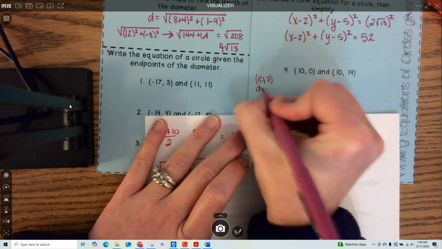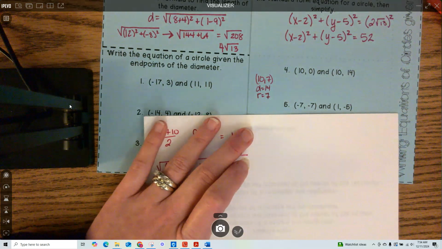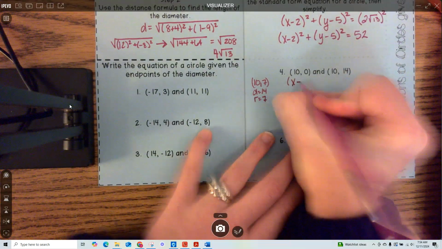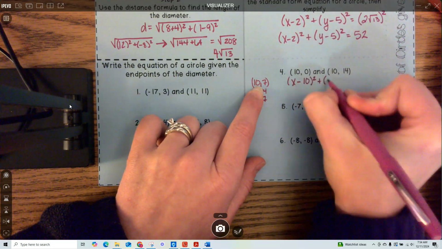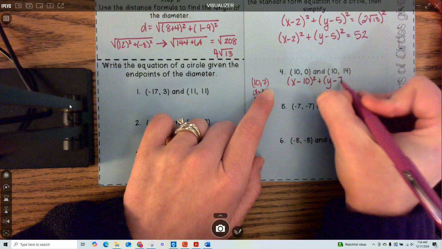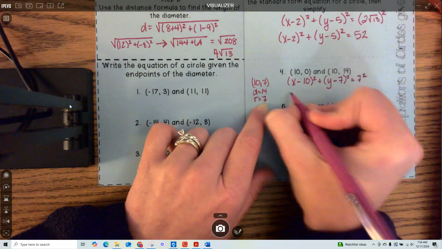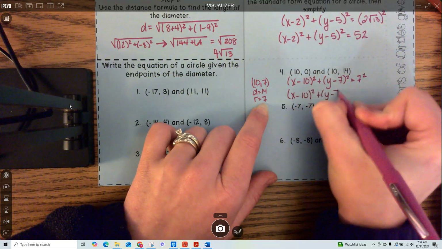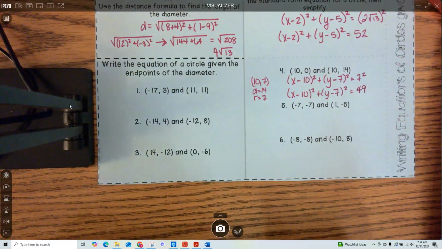That's the diameter. Don't forget the radius, you have to cut that in half. So (x minus the x center) squared plus (y minus the y center) squared equals the radius squared. If we simplify it, it equals 49. So they don't all come out gross. Sometimes they come out nice and neat for you.